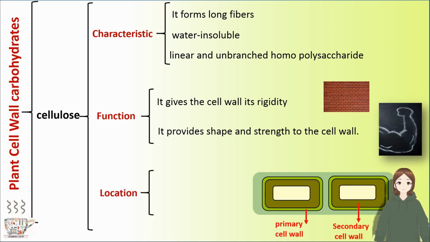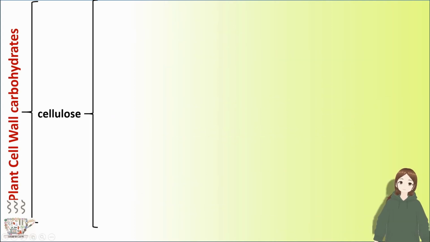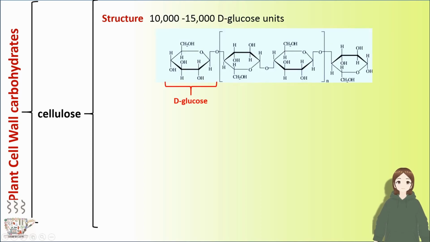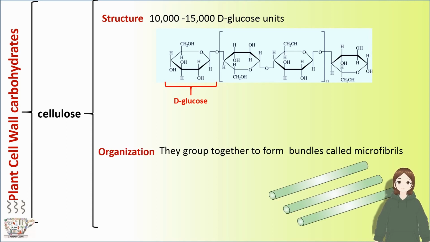It's located in primary cell wall and secondary cell wall. Cellulose has 10,000 to 15,000 D-glucose units in its structure. They group together to form bundles called microfibrils.